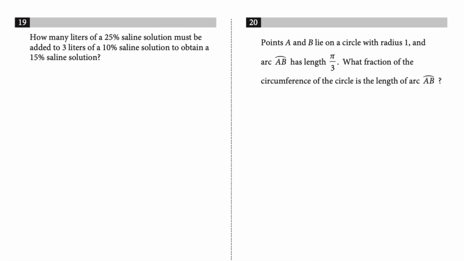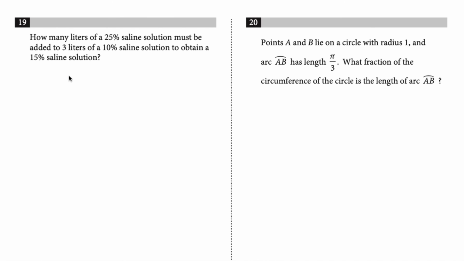How many liters of a 25% saline solution must be added to 3 liters of a 10% saline solution to obtain a 15% saline solution? So the way that we figure this out is we need to set up an equation to represent the situation.